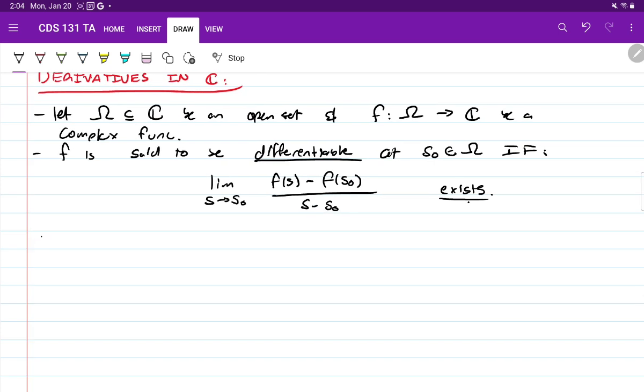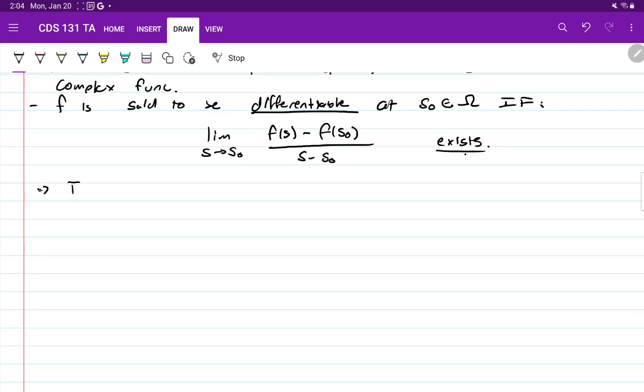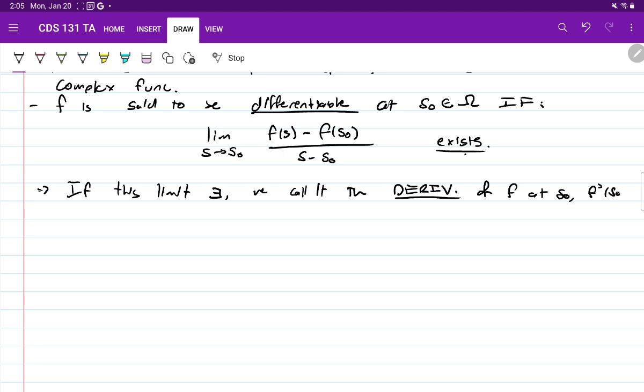So if this limit exists, what do we call it? We call it the derivative of f at s naught, which we denote f prime of s naught.